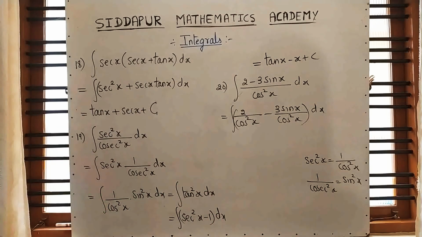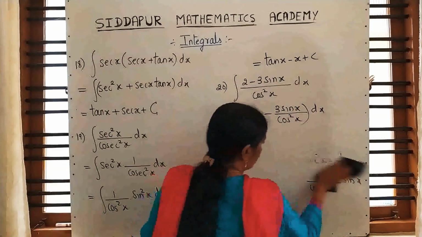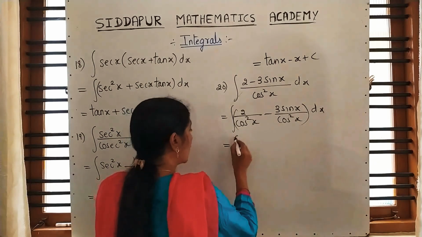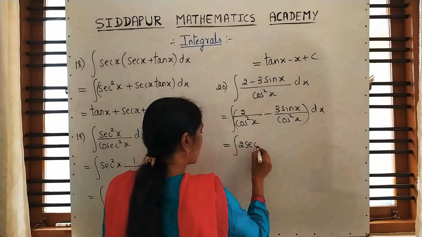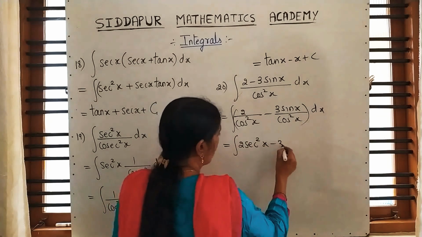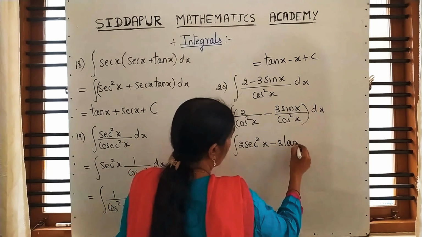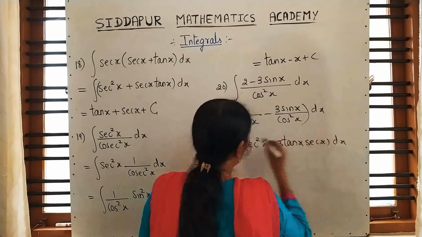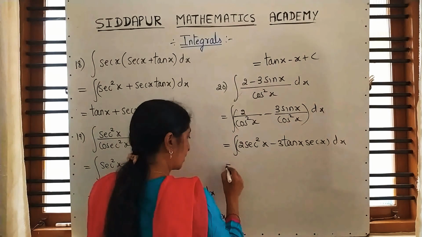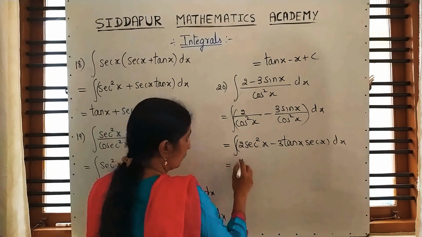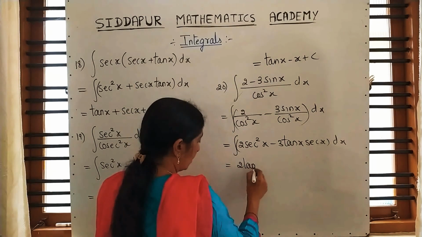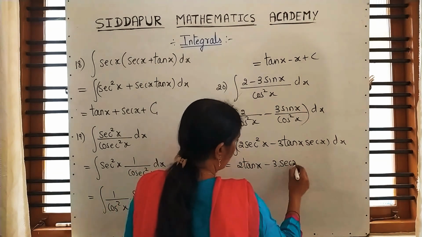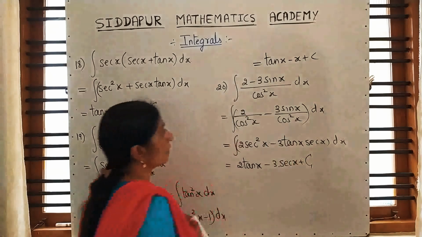What is the simplest form of this? 2 by cos square is 2 into secant square x minus 3. Sin by cos square is tan x into secant x, because 1 by cos is sec. Two terms are there. Now familiar: integration of secant square x is tan x, minus 3 as it is. Integration of tan into sec is sec plus c.